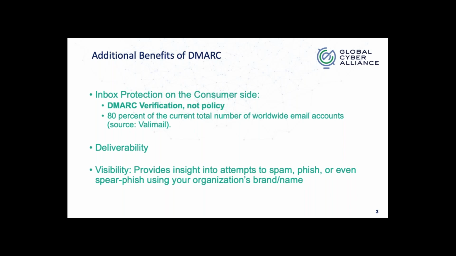So we can lift any restrictions, filters, or blocks that we have on this particular domain, because it's passing all these checks. So the reputation score now increases, and your messages will actually be delivered to the inbox rather than being dropped, because they know which are spam and which are legitimate by implementing SPF, DKIM, and DMARC.